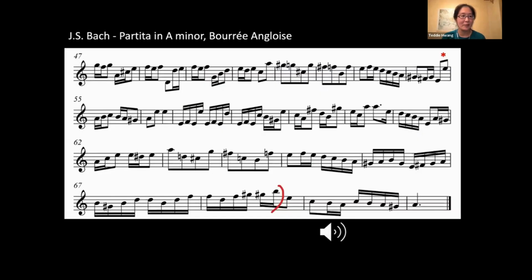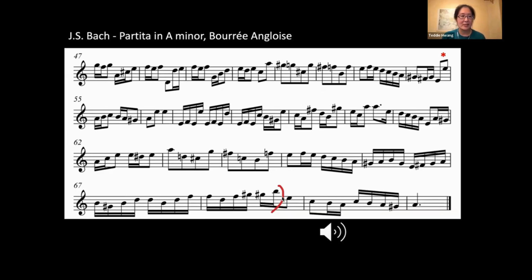So for example, towards the end here, this is J.S. Bach's Bourrée from his Partita in A minor. I would recommend separating this E here from the rest of the 16ths and making it a pickup to the next bar.